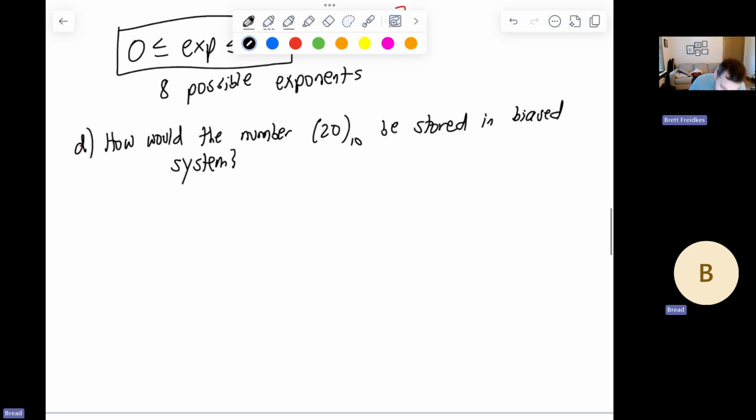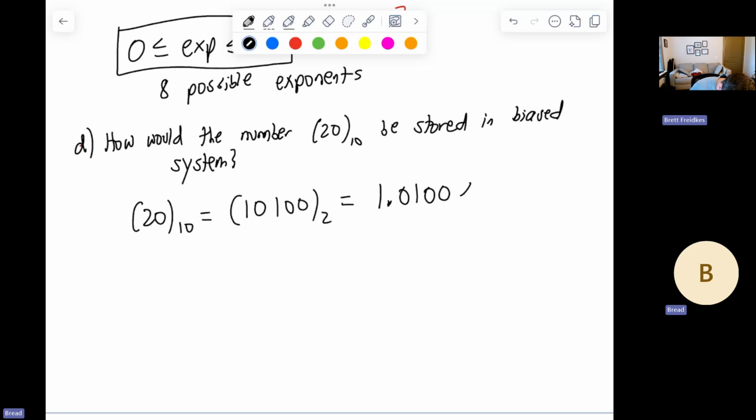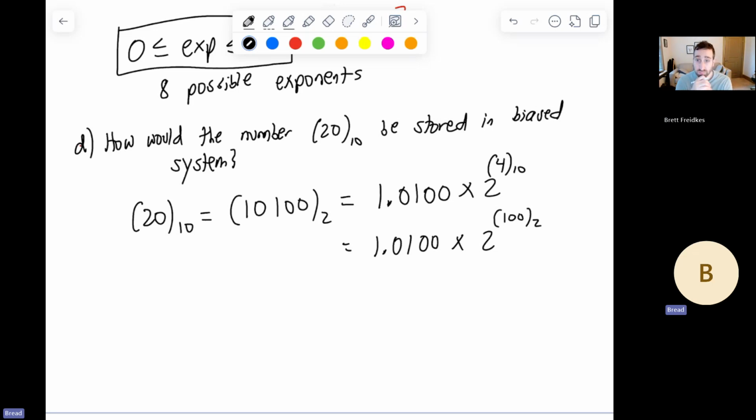Because before we said that 20 in base 10 is 10100, and we said that this was 1.0100 times 2 to the 4th, which is 1.0100 times 2 to the 100. This is the unbiased representation of this number, and we couldn't store that.